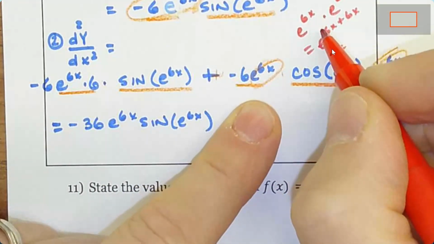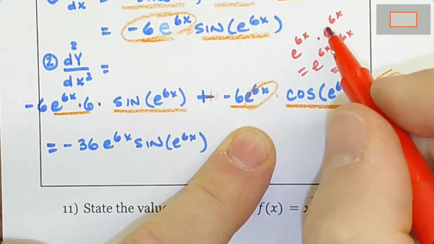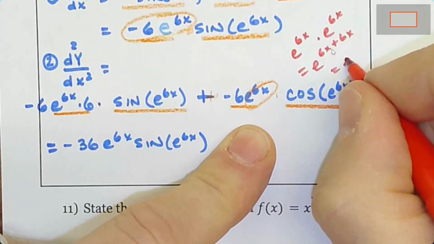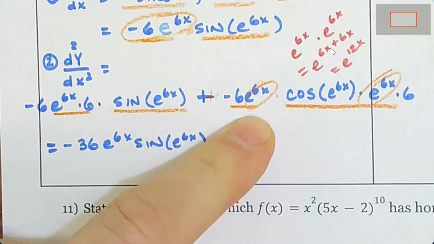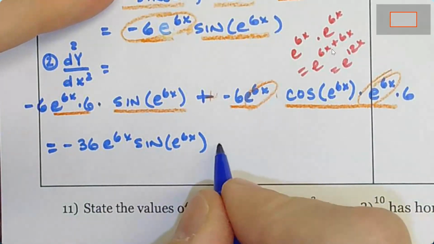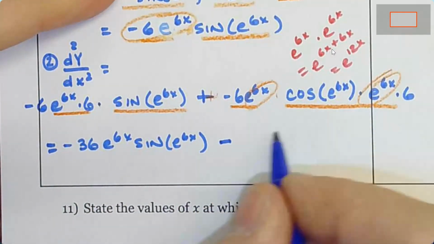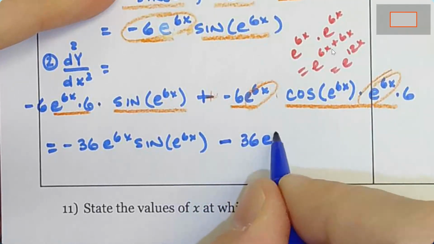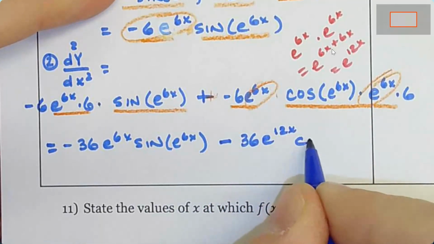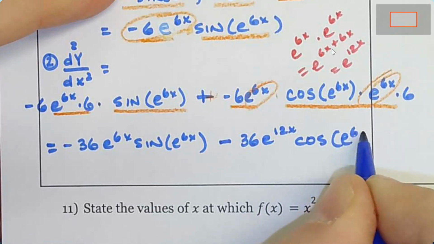When you're multiplying on bottom, you are adding the exponents. So that would be e to the 12x. So this would be minus 36 e to the 12x cosine of e to the 6x.